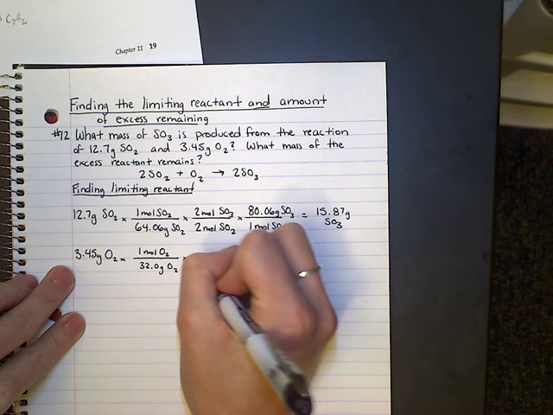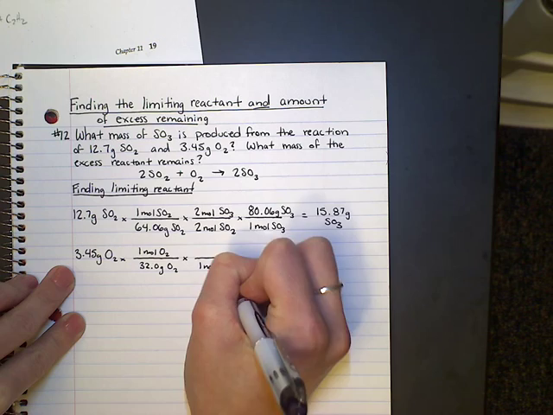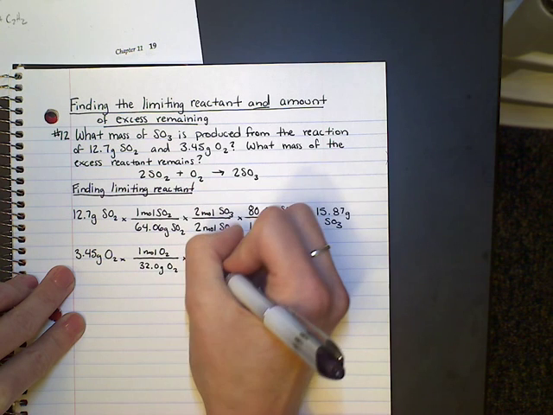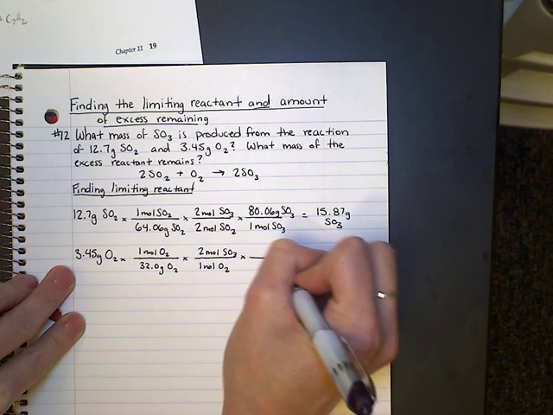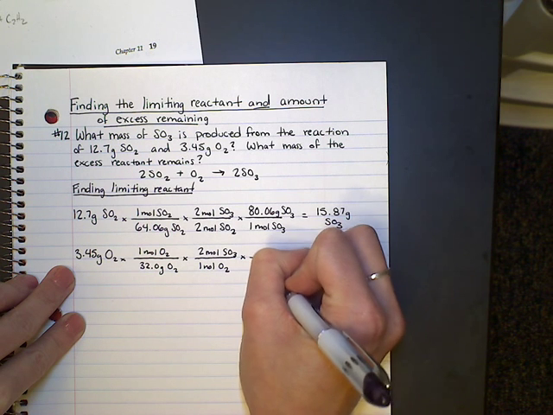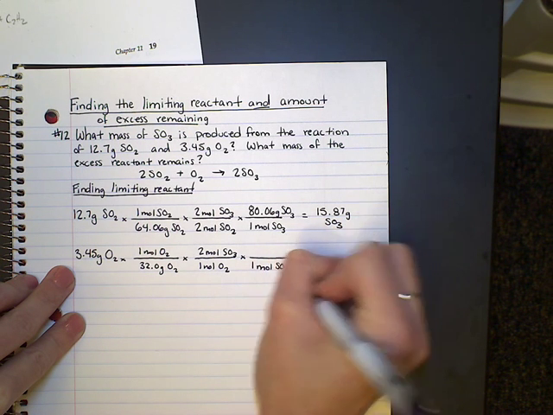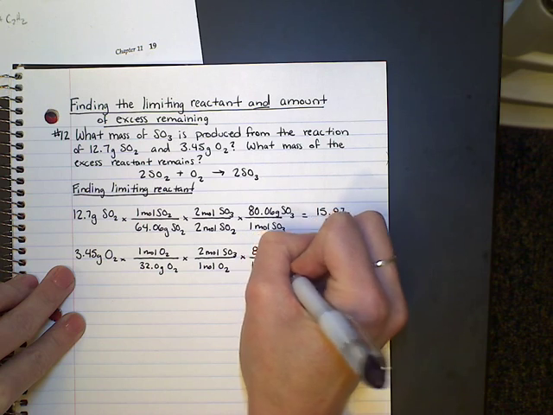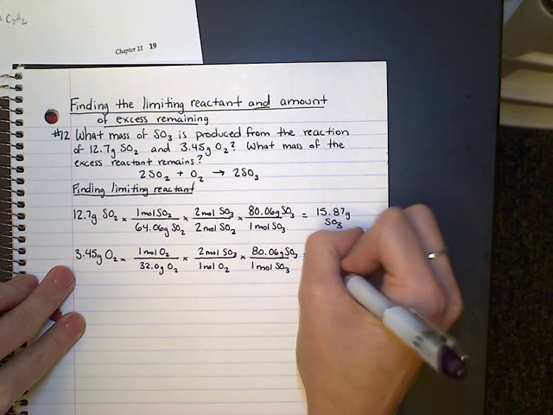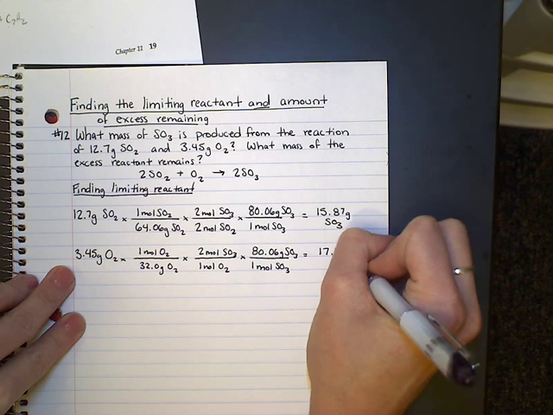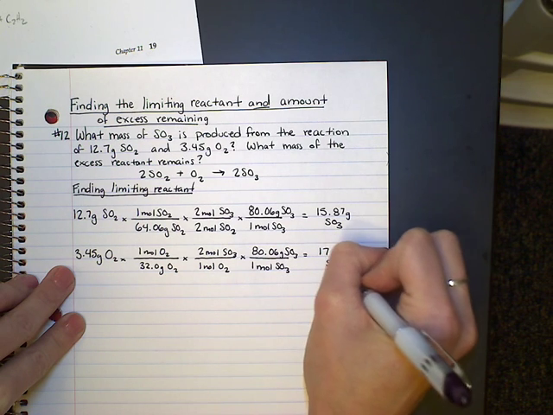So for every 1 mole of O2 we have in our reactants, we get 2 moles of product. And then lastly, turn that product of SO3 into grams. And when we do that out, we get 17.26 grams of SO3.